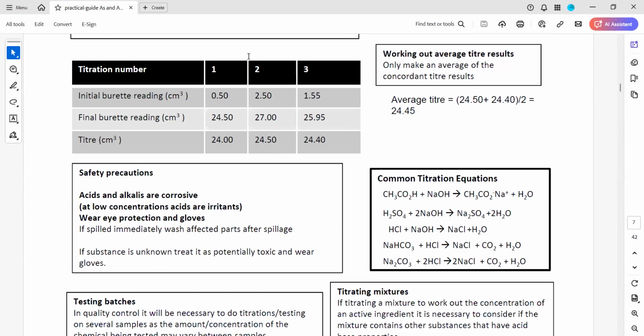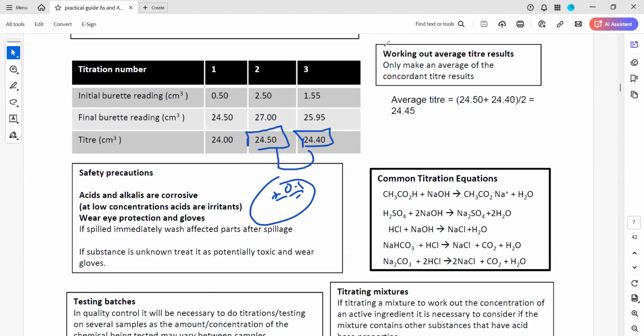If the first value is 24 and the next is 24.5, the difference is plus minus 0.5, so I have to repeat. So in this case I have to do it again. When we do it again, 24.5 and 24.4, the difference is 0.1 between them, so we don't have to do another. We'll use the second and the third value and take an average titer.